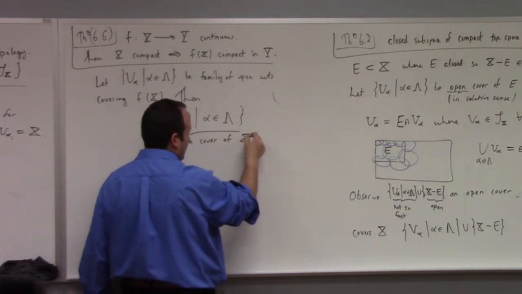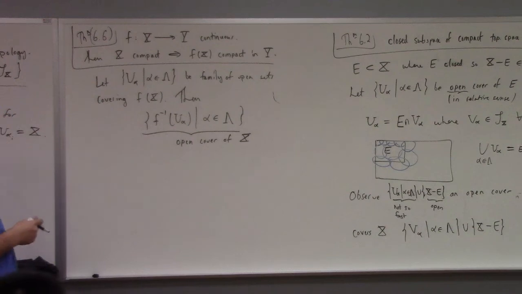It's an open cover of X. Yes, it's open because F is continuous, right? Why does it have to cover X, though?